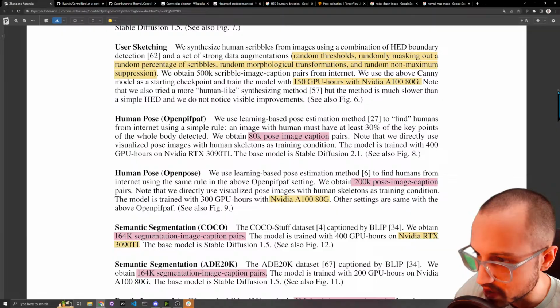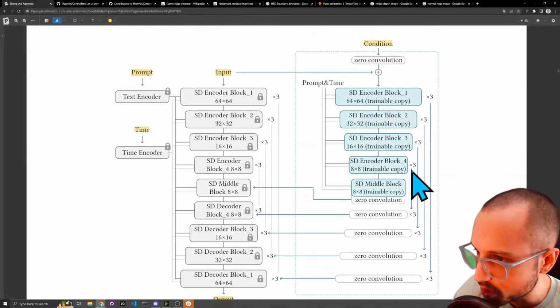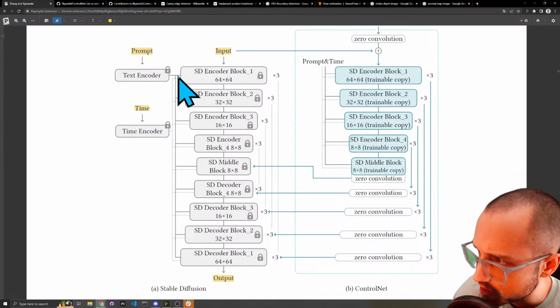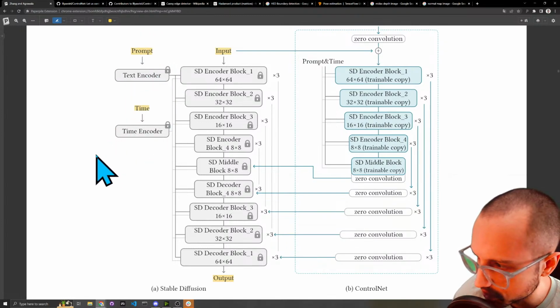There's going to be some pretty crazy stuff that people start doing with this, but it's a relatively simple concept, right? You have your diffusion model, your UNet diffusion model, which is taking as input a prompt fed through a text encoder and a time, 20 different steps in this paper.